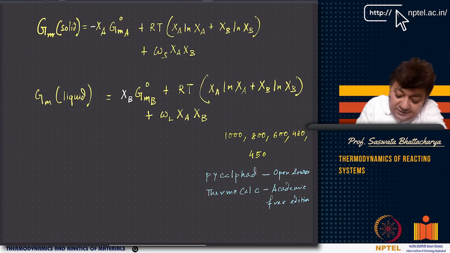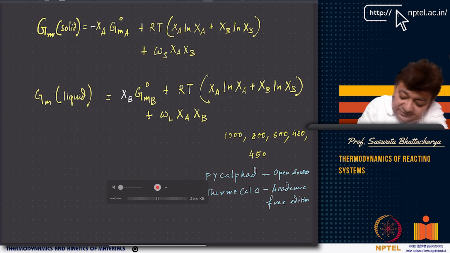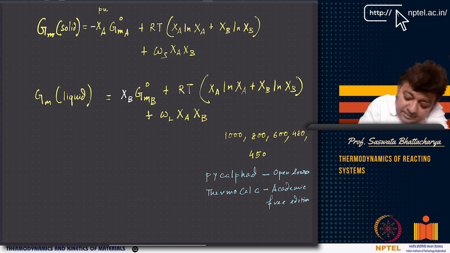So for solid, it is X_A G_MA^0 plus, so this is basically for the standard state. This is for the standard state, you multiply with XA. So basically this is the pure phase, right? So this is for the pure A or the standard A, right?